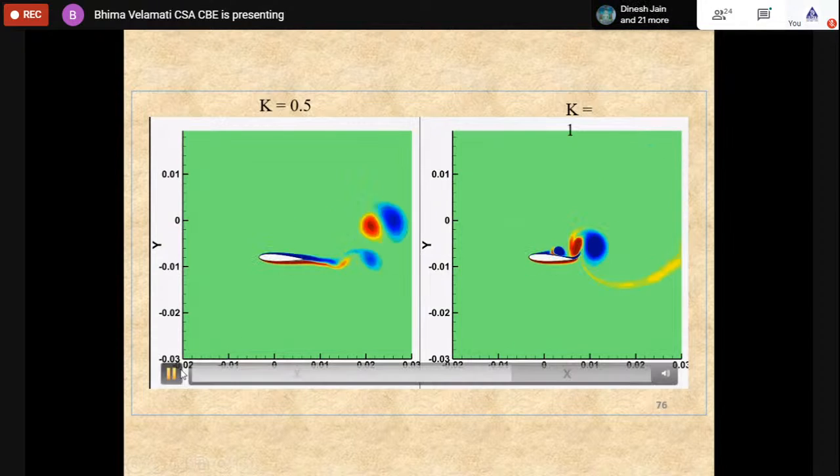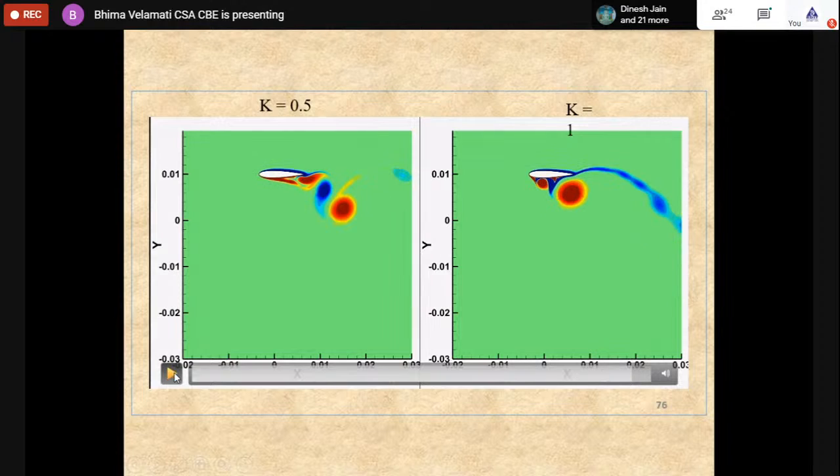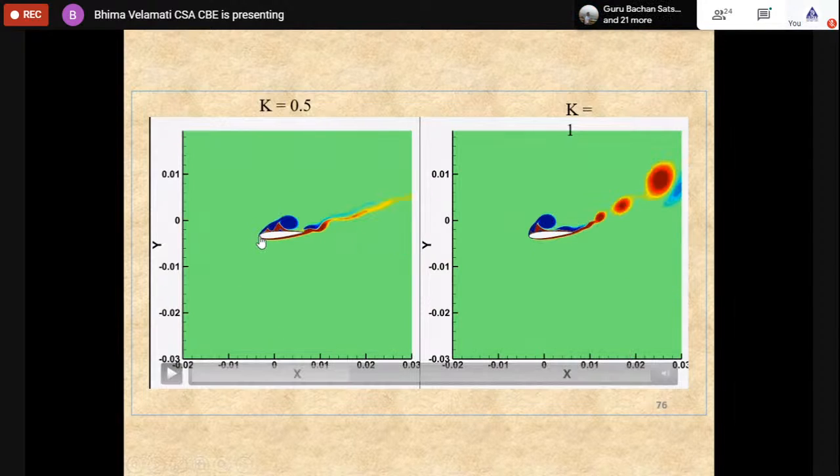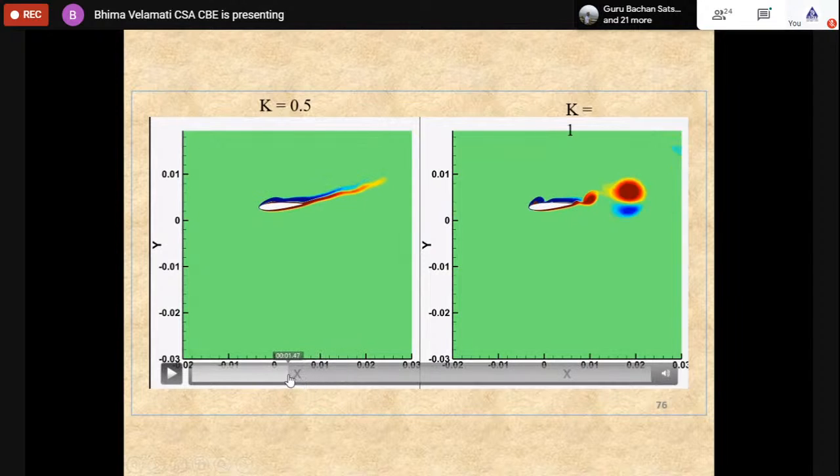You can see here, primarily, if you go see this vortex that comes here would cause all the difference. This leading edge vortex, this top portion, would cause the pressure difference.